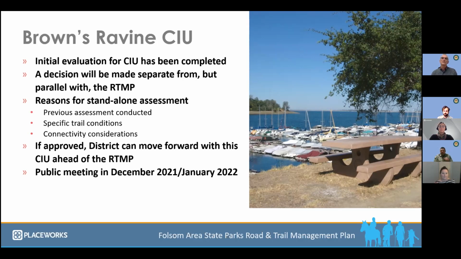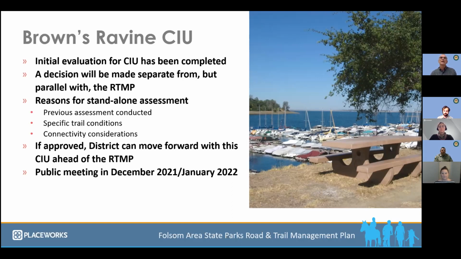There are very durable soils along this trail which will hold up to any increased use. There are multi-use trail segments on either end of this trail. Lastly, looking at this trail in context with the entire Folsom Lake SRA trail system, the decision regarding this trail would likely be the same whether made individually or as part of the road and trail management plan.